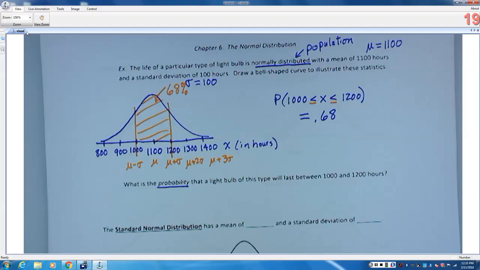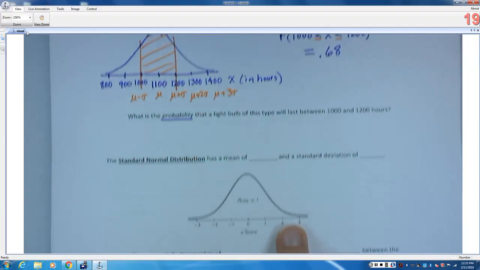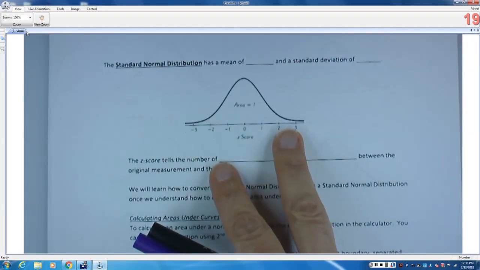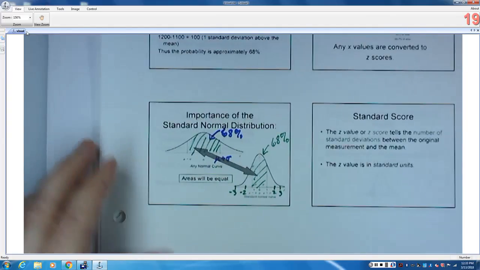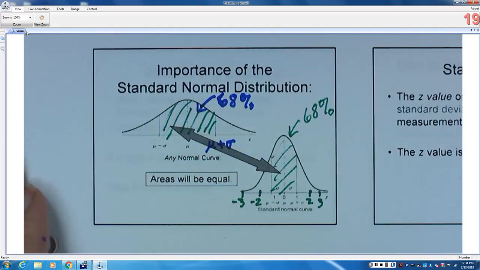All right, well, before calculators, what we recognized, and here's a picture from a slideshow, is that any normal curve, no matter if it's tall and narrow or short and squat, will have the same area.